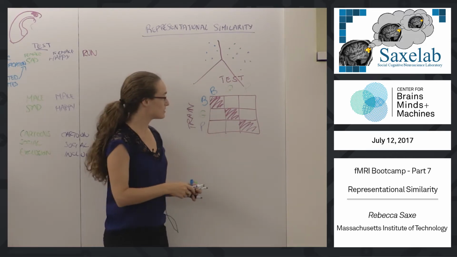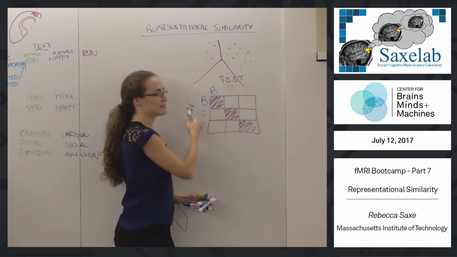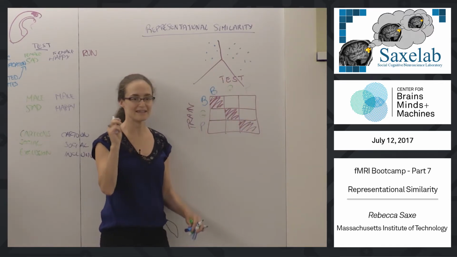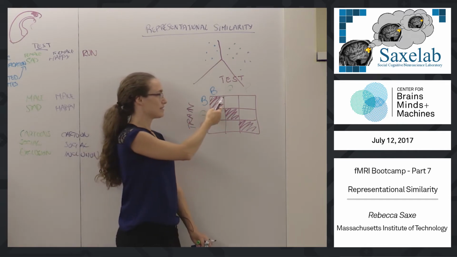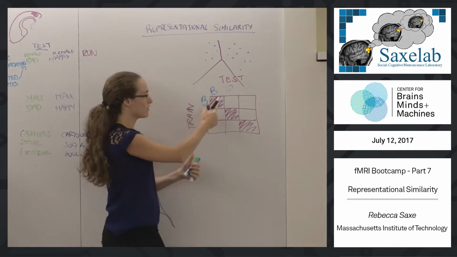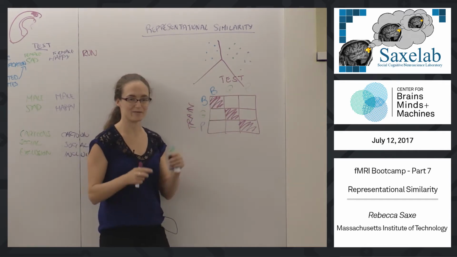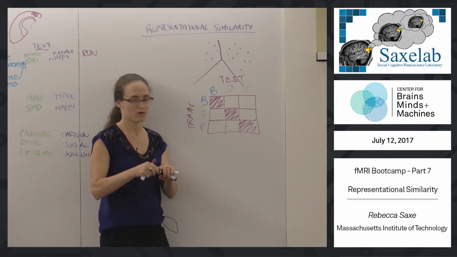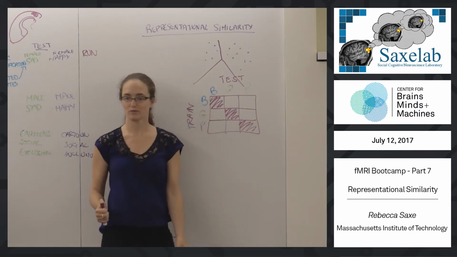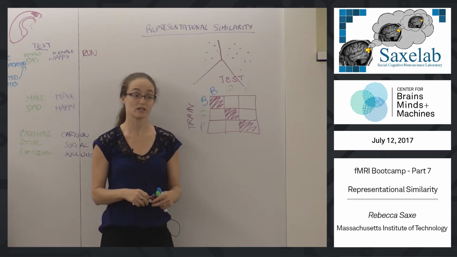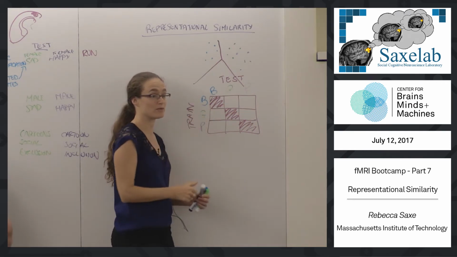Okay. But what's cool about thinking about the data this way is that in addition to showing you that you can classify, I just drew this as a qualitative picture. So what actual kinds of numbers would you put in there? Right? We could stop here and think, what kinds of numbers would we put in here?